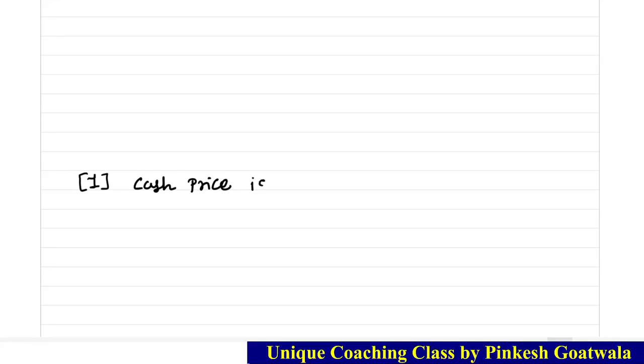I think this chapter has 15 videos, and in every sum we have solved before that, the cash price was not available. Almost every sum we have done earlier, you can check, had no cash price.